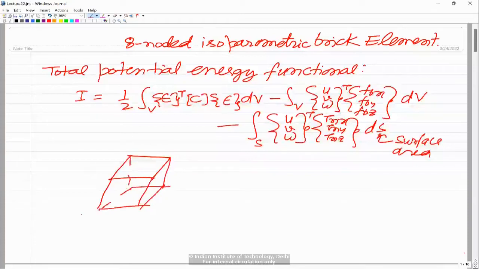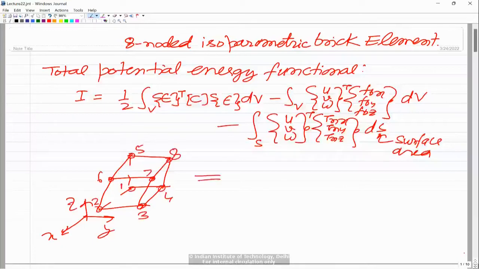The coordinate system I had taken as x, y and z. The node numbering was 1, 2, first the bottom nodes 3, 4, and then the top nodes 5, 6, 7 and 8. So this is the element in the physical coordinate space, and this element is mapped, or transformed, to the cube in the natural coordinate space.